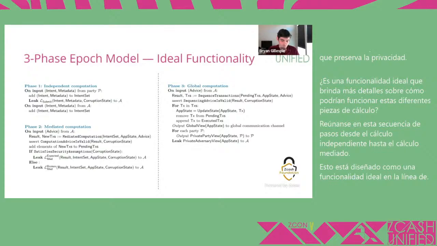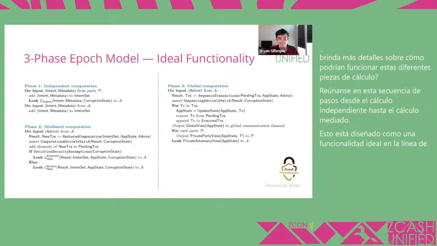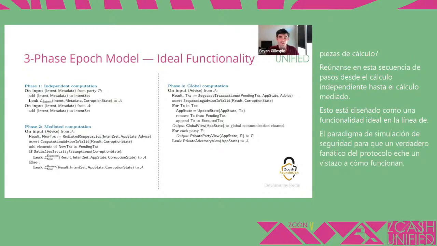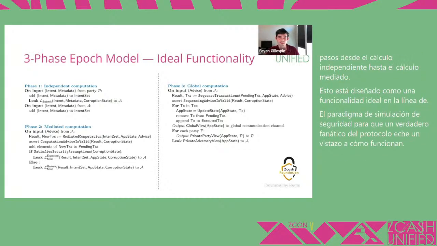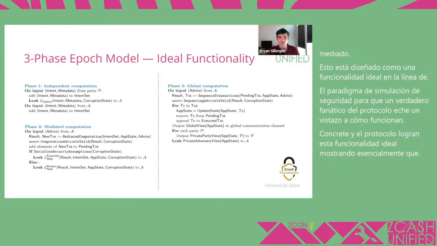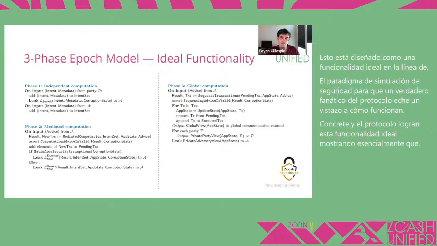So a real protocol then takes a look at how their concrete protocol realizes this ideal functionality by essentially showing that the real protocol can look exactly like the ideal functionality with an extra simulator layer on top.